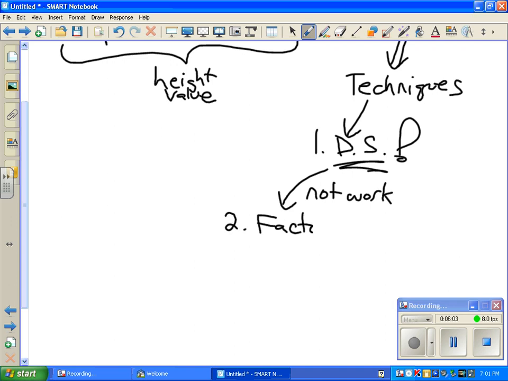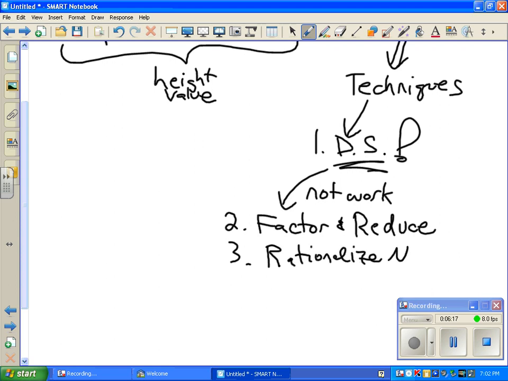Okay, so if direct substitution does not work, we have some other techniques. We have factor and reduce. We have polynomials involved, trying to find common terms, factoring, and reducing. Rationalizing the denominator or numerator. Multiplying by the conjugate. Three special trig limits.